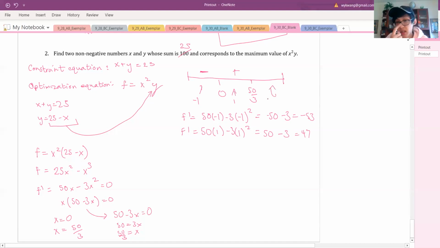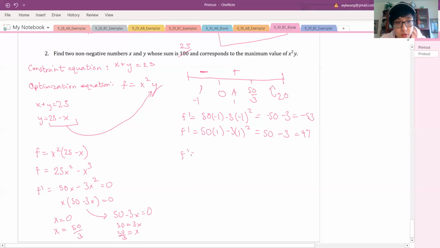50 over 3 is what? I'm going to plug in 20, because 20 is 60 over 3, so I know it's larger than 50 over 3.